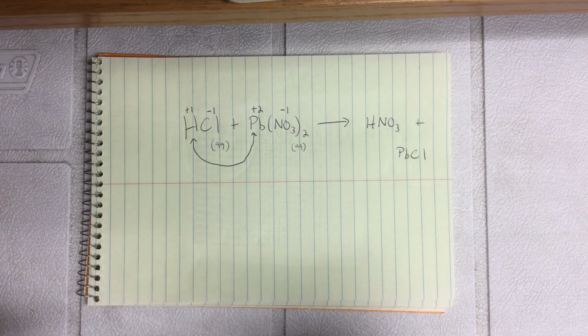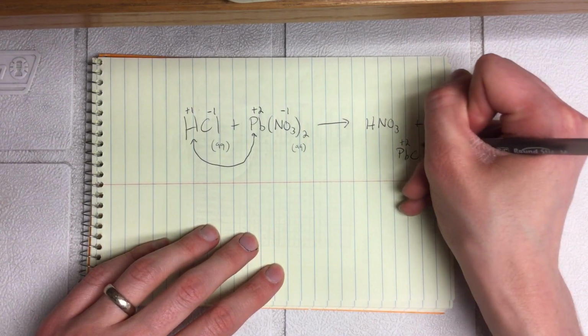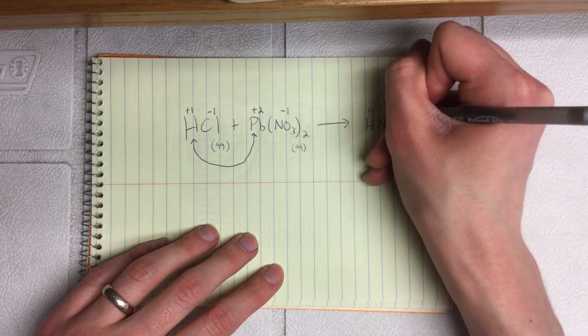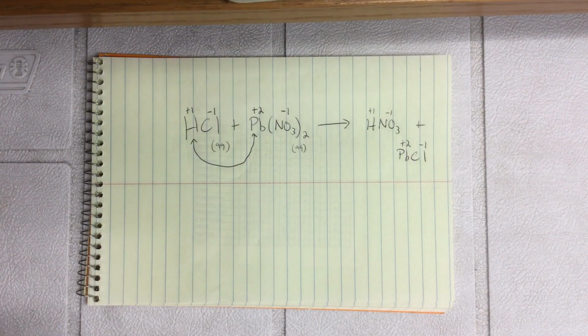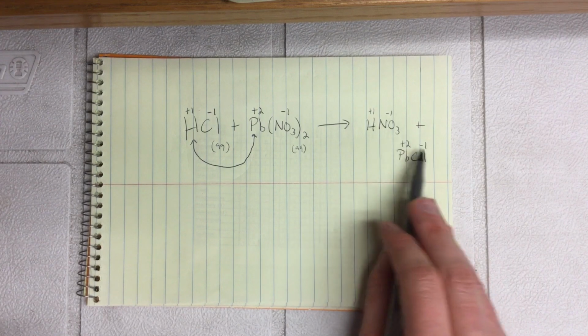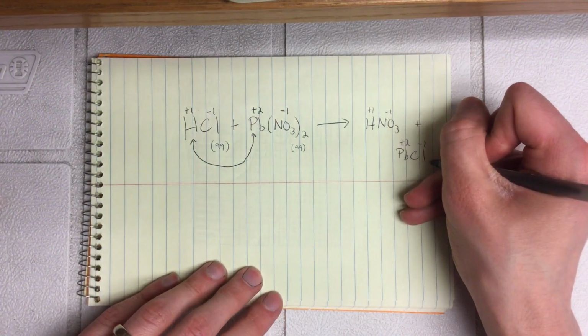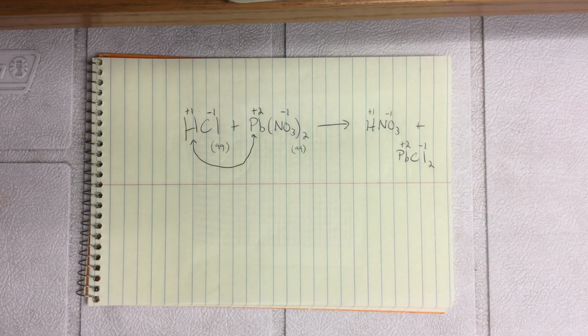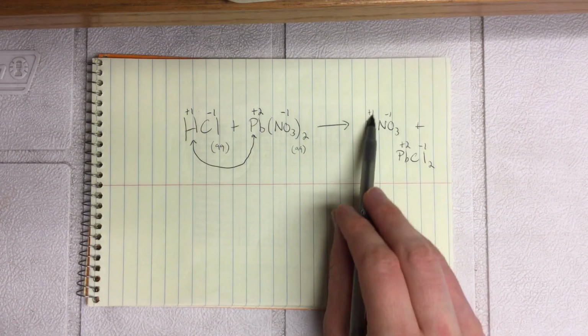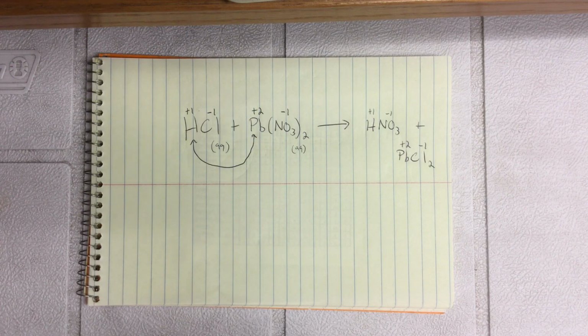Now look at your charges again. You have +2, -1, +1, -1. You have an imbalance here, so you need to crisscross your charges so the 2 goes to the chlorine. Here it's +1, -1, so it's fine.